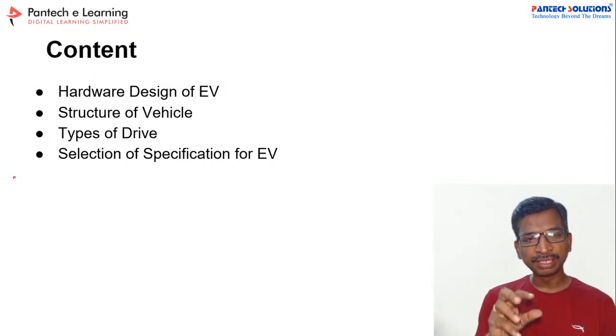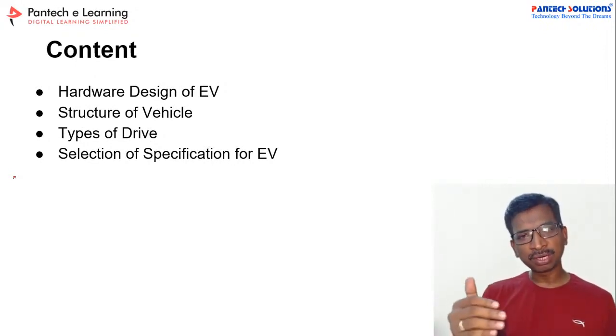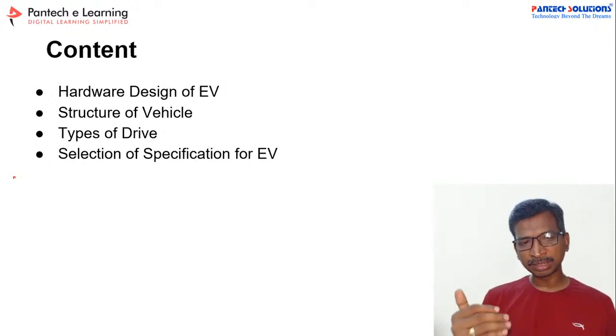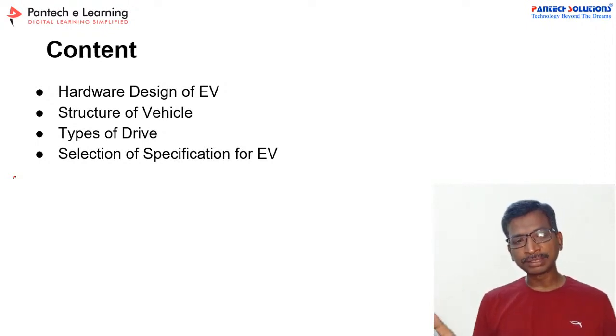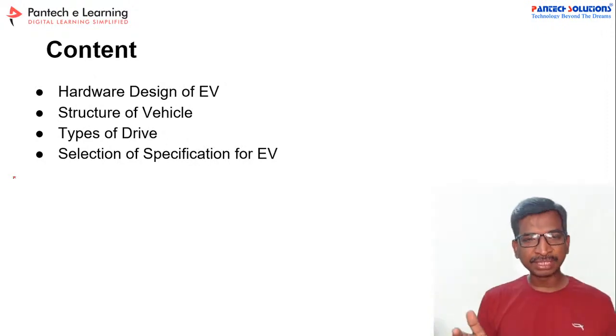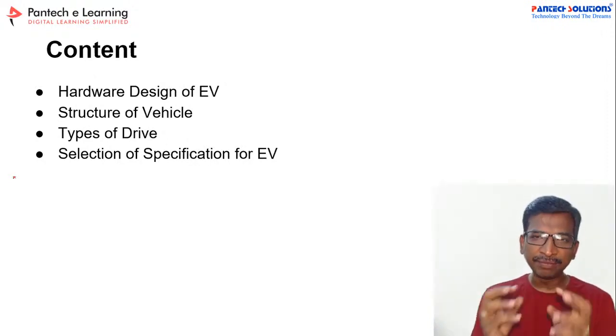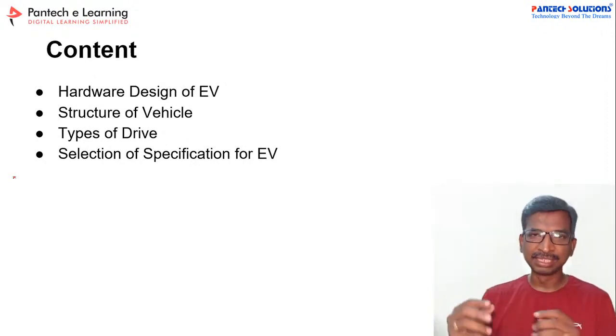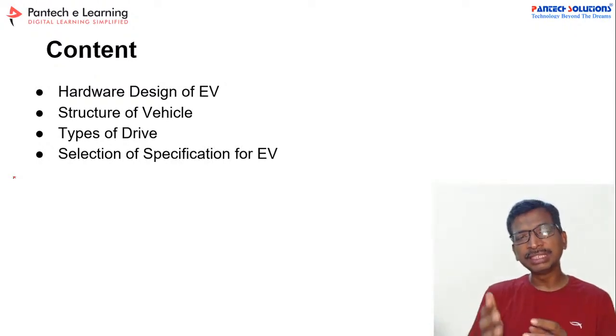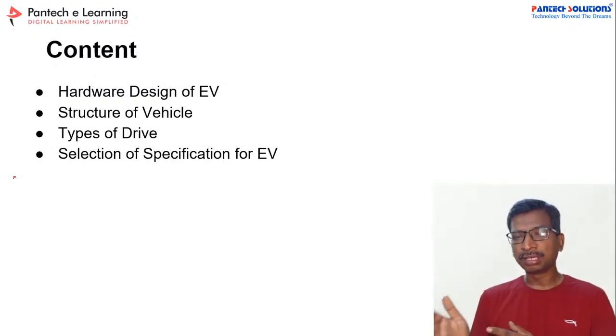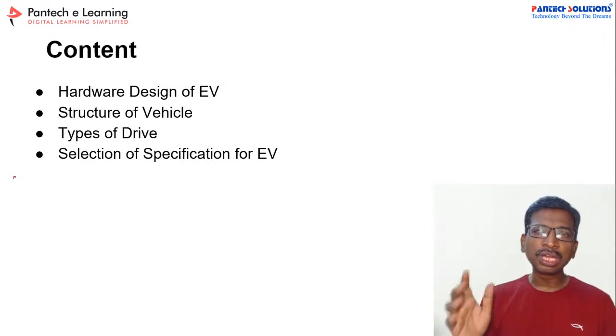So first we will discuss the hardware design, how things will be, and then the procedures, step by step, to complete the project, and the structure of the vehicle. Basically, if you take any vehicle, the first point is the structure. So how are you going to design your structure? Since it's a prototype of an EV system, you don't need to worry about the structure.